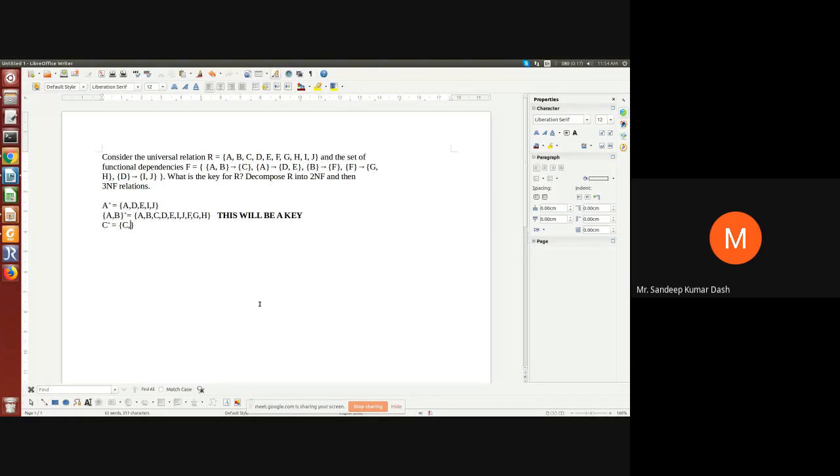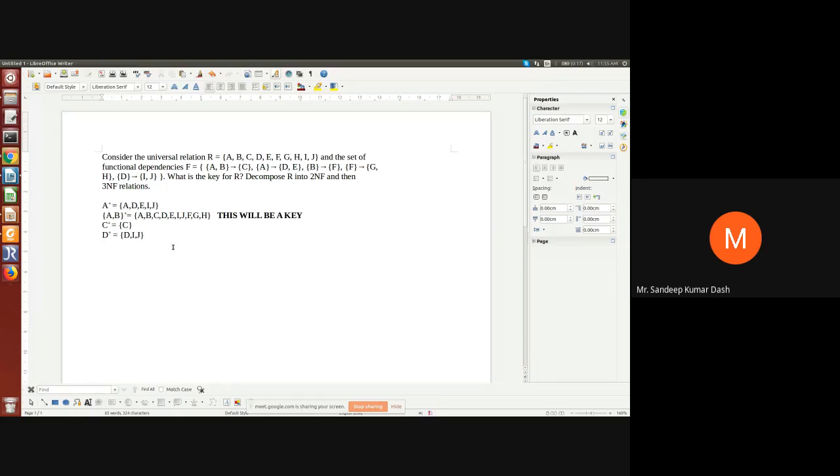Anything else I can keep in C closure? No, nothing. So this will not be an option. Now only D: D itself, I and J, nothing else will come out. This will also not be a key.